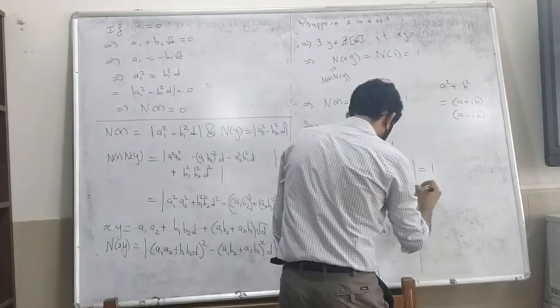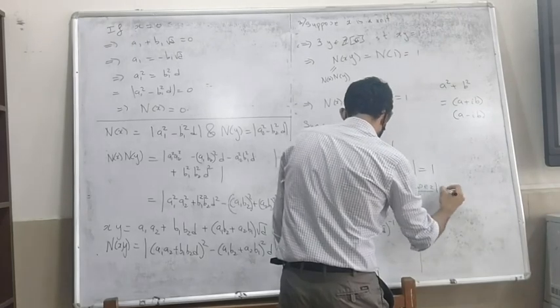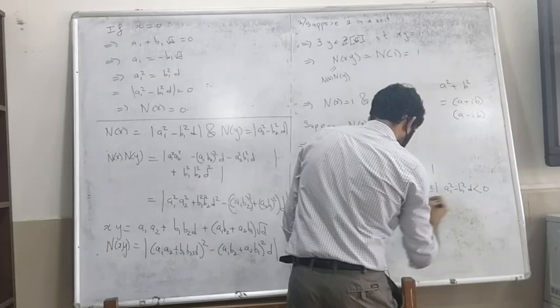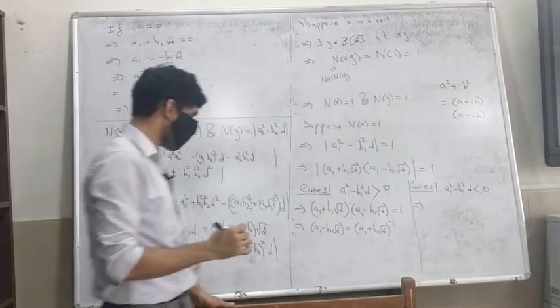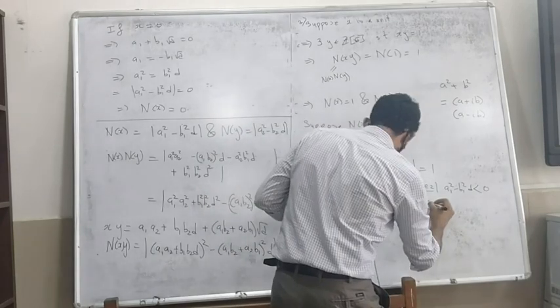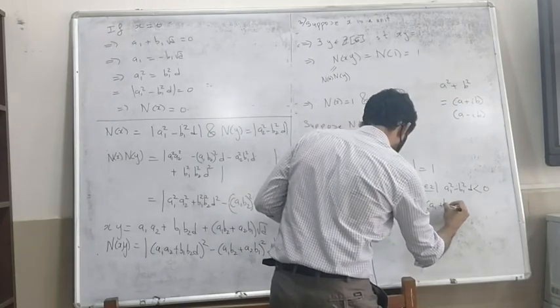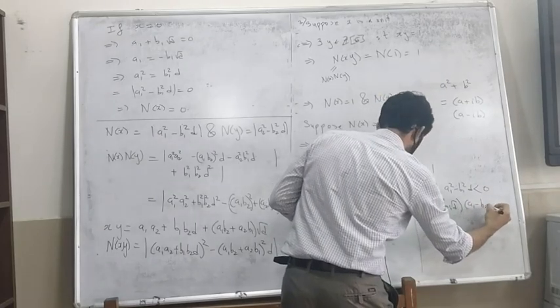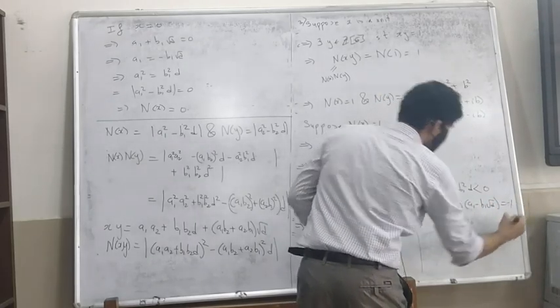So the second case is a1 square minus b1 square d is negative. In this case, what happens is this product would be minus 1. a1 plus b1 root d into a1 minus b1 root d would be minus 1.